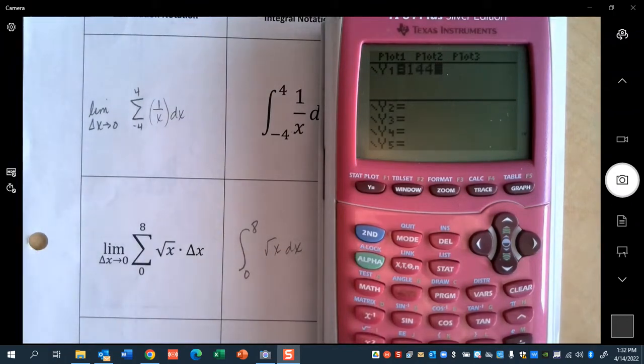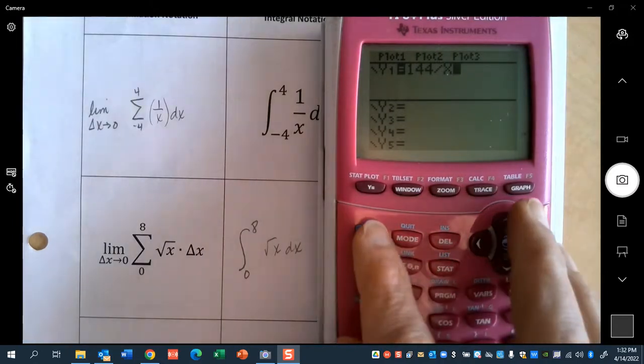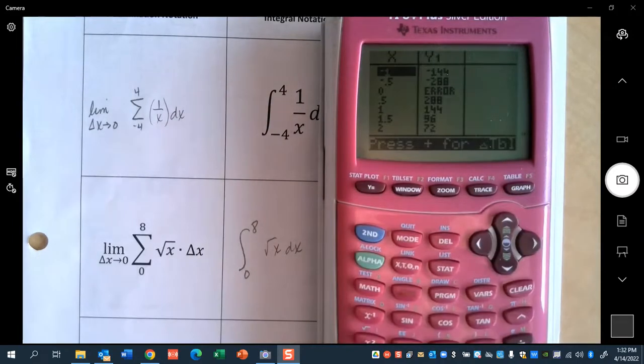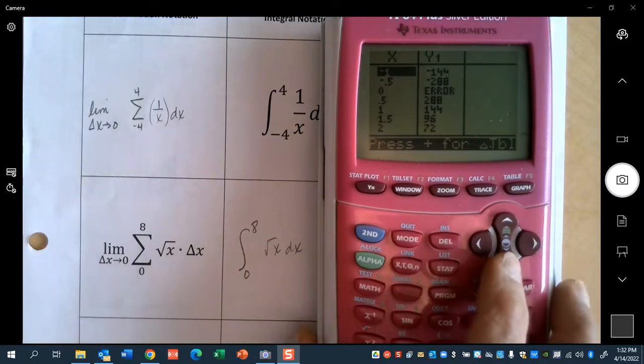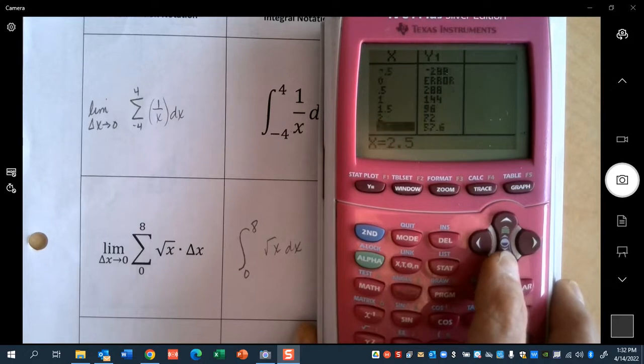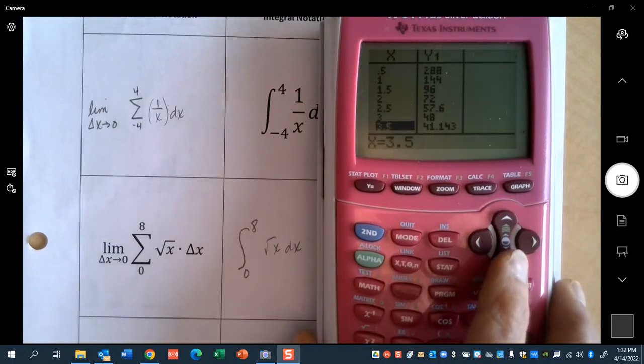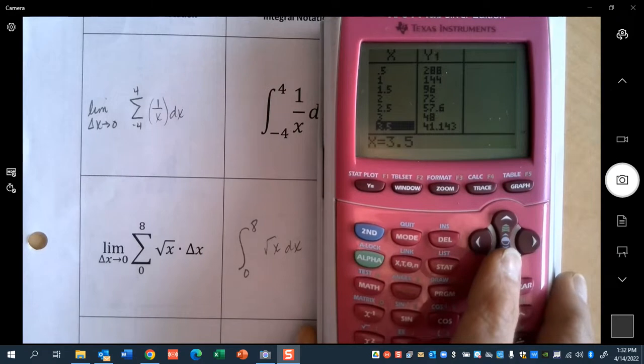I used 144, divided by all the numbers in the whole wide world. That's our x. And then if I go to the table of values, what I see is all of the different combinations of numbers that can be used in conjunction. That's an inverse variation.